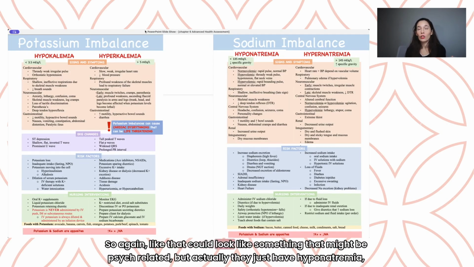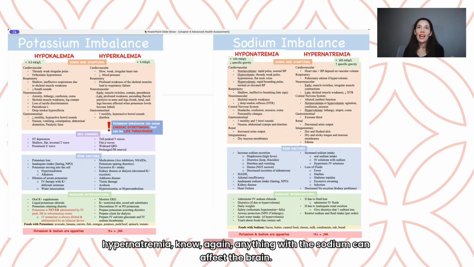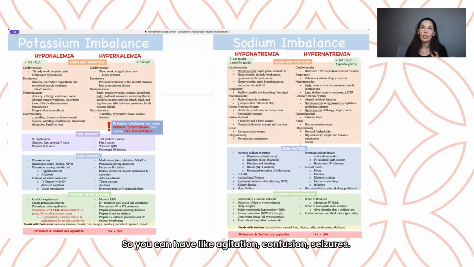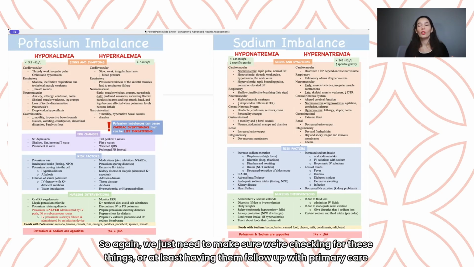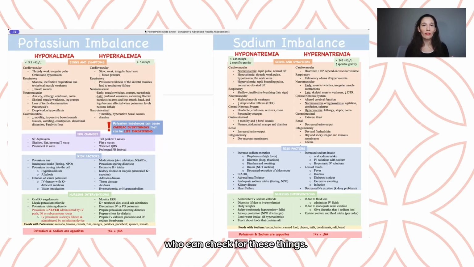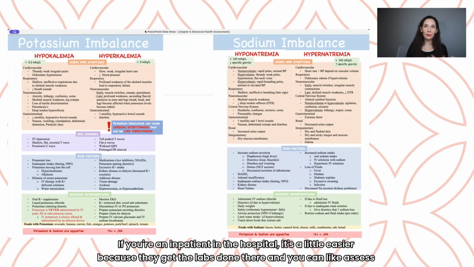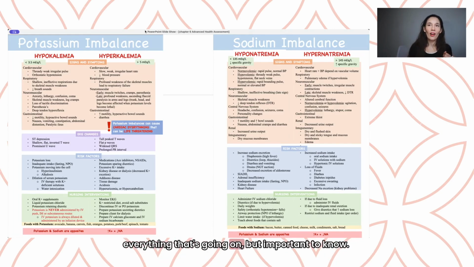That could look like something psych related, but actually they just have hyponatremia, right? Anything with sodium can affect the brain, so you can have agitation, confusion, seizures. So we just need to make sure we're checking for these things, or at least having them follow up with primary care, who can check for them. If you're inpatient in the hospital, it's a little easier because they get the labs done there and you can assess everything that's going on.